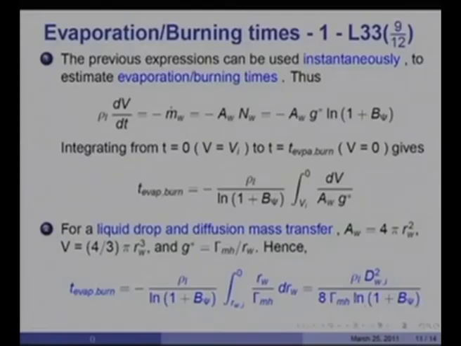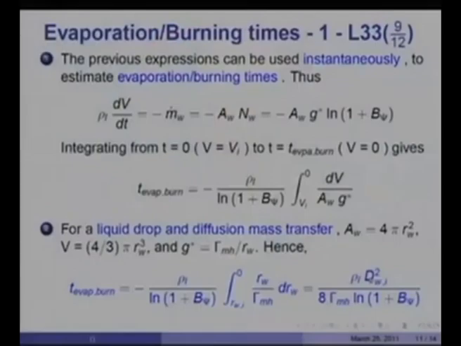And this expression is used extensively in designing dryers and so on, because all it says is that the smaller the diameter of the droplet, the faster the drying achieved, because if you reduce the diameter by a factor of 2, the evaporation time will reduce by a factor of 4.